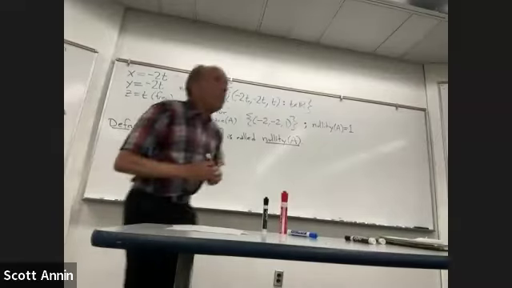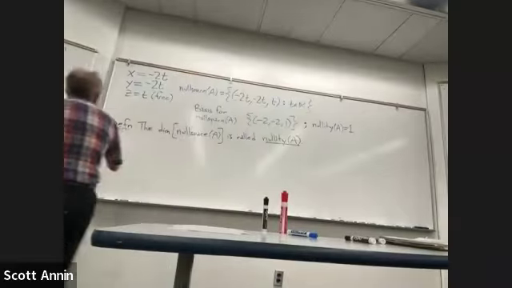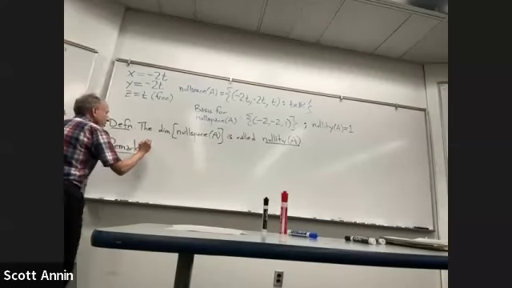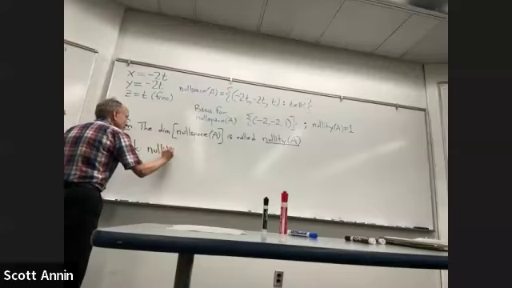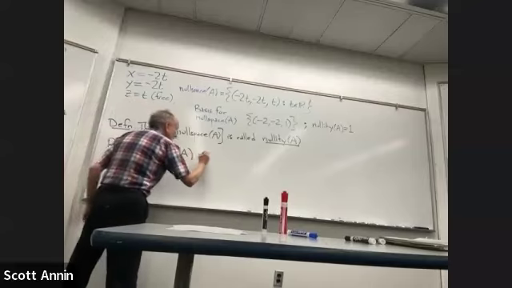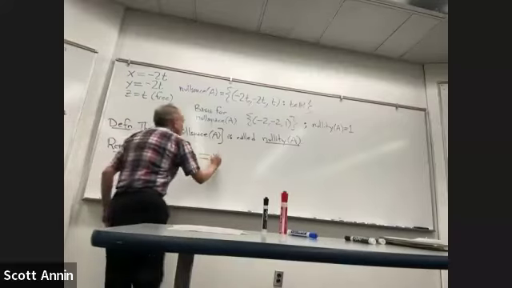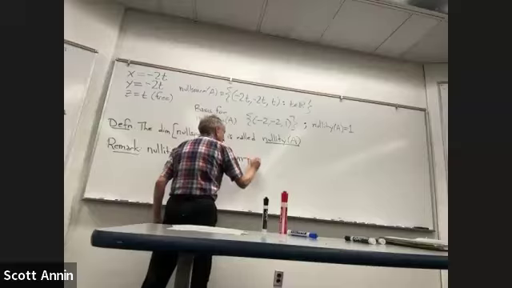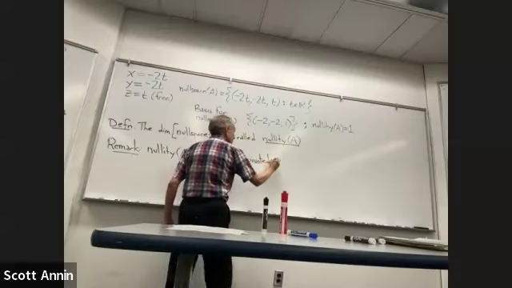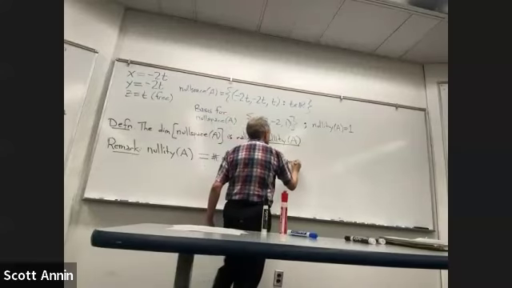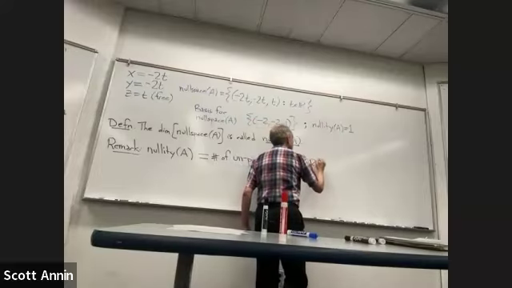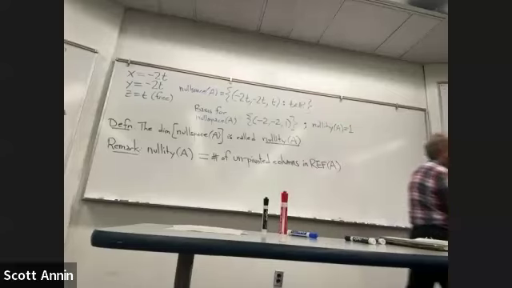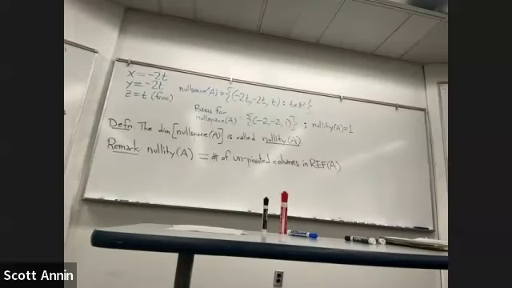The nullity of a matrix, let's just make this as a remark. The remark that I would add right now is that the nullity of a matrix is equal to the number of unpivoted columns in the row echelon form of A. It's how many non-pivots you have.